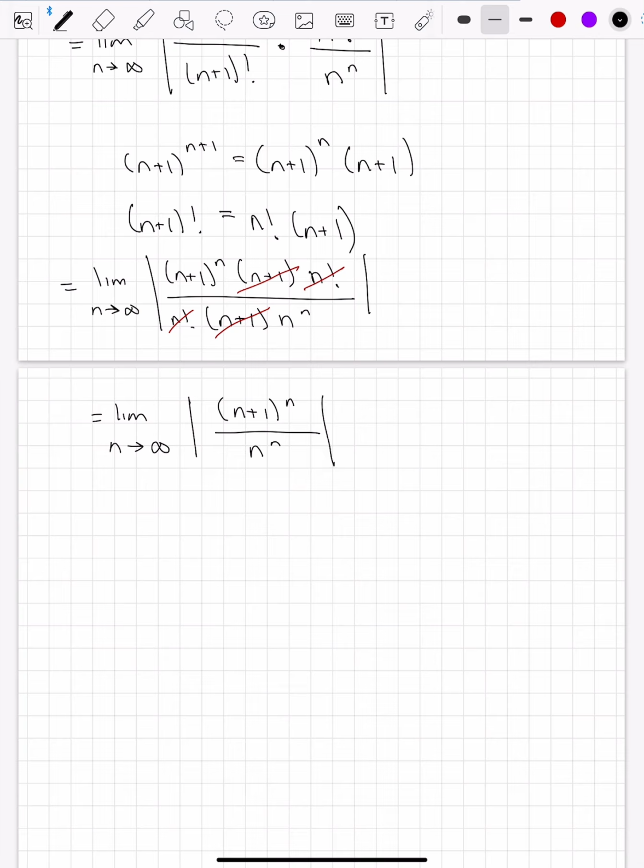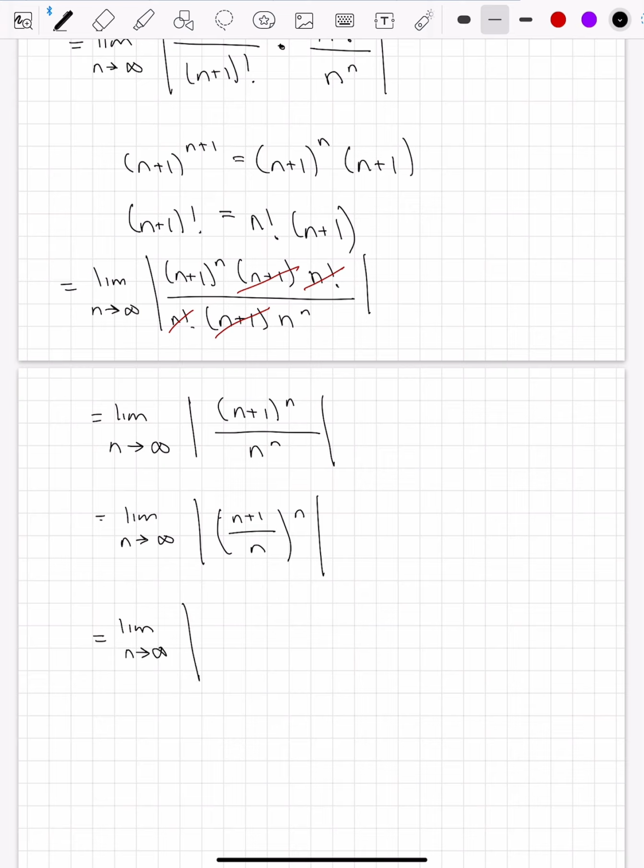So how in the world are we going to do this limit? Well, notice that they each have the power of n, so we can actually pull that out. Remember, that's one of our exponent rules, so this just becomes n plus 1 all over n, to the nth power.